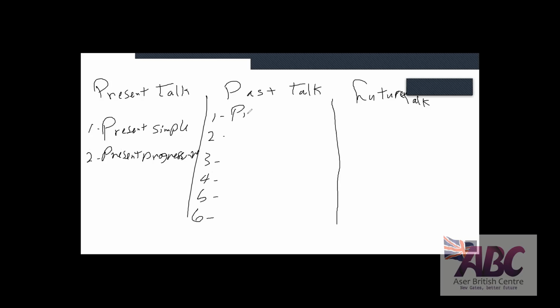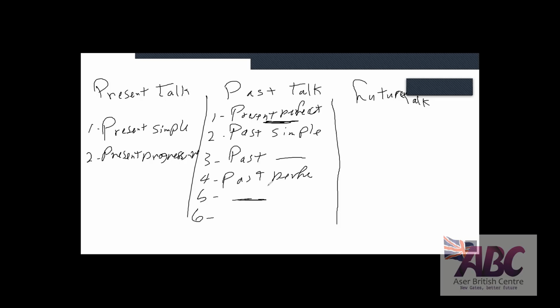The first one is the present perfect. It's not necessary to name it as present, so we're using it in past talk. Present perfect, for example, is mostly used in past talk, and also past simple, of course, and then past continuous or past progressive, past perfect. One more time, present perfect continuous, and past perfect continuous.